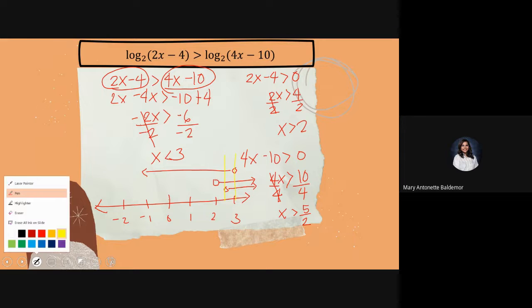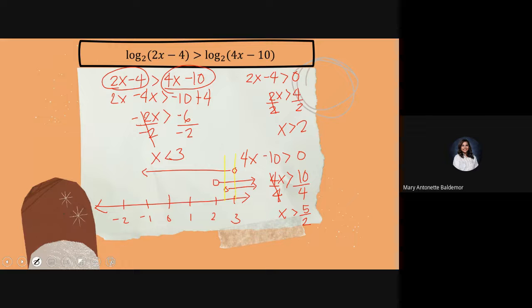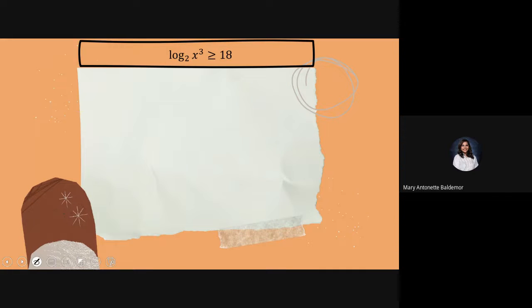Now, we can say that the solution set for this logarithmic inequality will be starting from 5/2, 5/2 not included, and up to number 3 not included. Okay, since that is the intersection of these three. Okay, so we're done with number 2. Let's proceed with number 3.